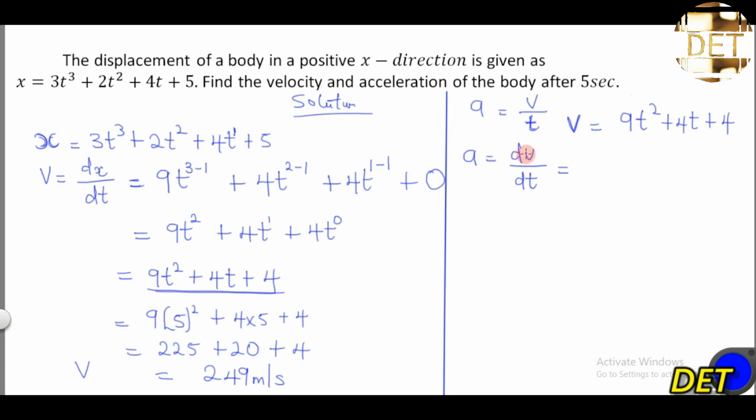So 2 times 9 gives us 18t raised to the power of 2 minus 1, plus, there is an invisible power of 1 here, so 1 times 4t gives us 4t raised to the power of 1 minus 1. And then this is a constant 4. It has no t, so if we differentiate the constant, it will be 0.